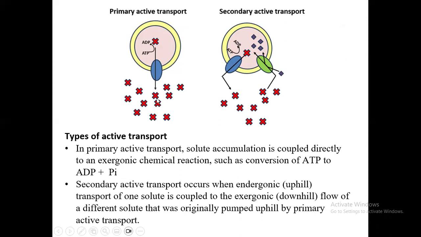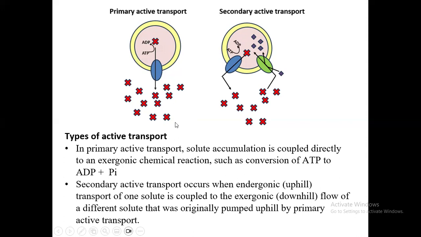As you can see diagrammatically, in primary active transport, you have direct transport of one metabolite. For example, metabolite X here is transported from the cell to the outside of the cell against the concentration gradient. It is an energy requiring process in the form of ATP, which is converted into ADP, and the energy released is used for the transport of the molecule.